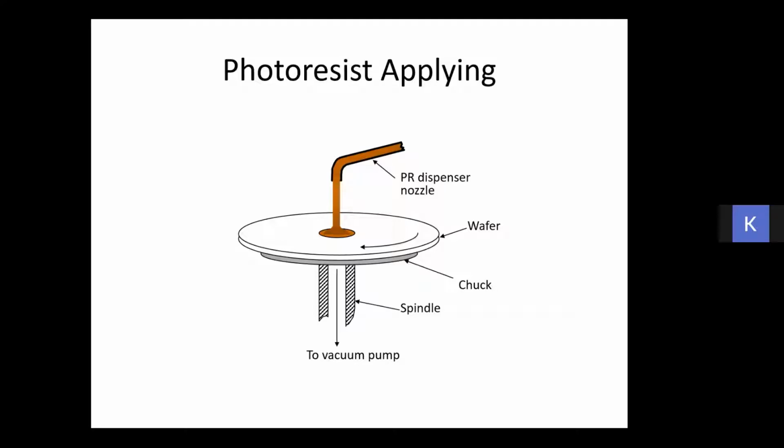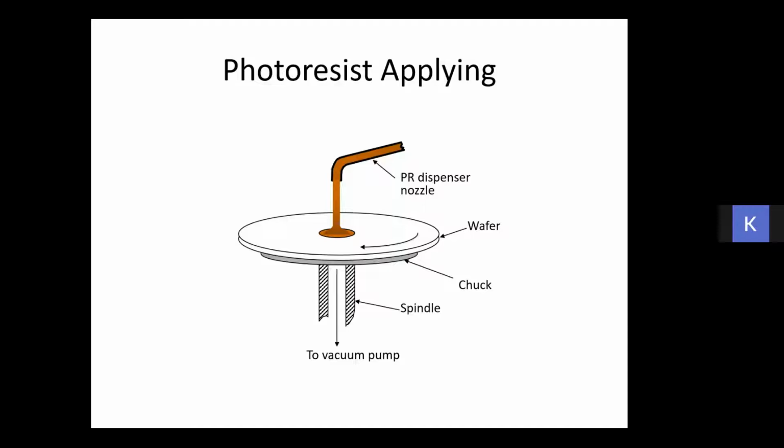You cannot just stick it with glue on a chuck, because whenever you try to pull it off, the wafer will break. So the best way is to use a vacuum pump and place the wafer on a chuck which has a hole. The vacuum will pull the wafer onto the plate, and whenever it spins, the wafer will not fly away.